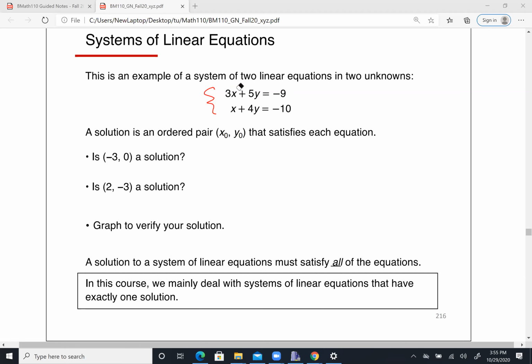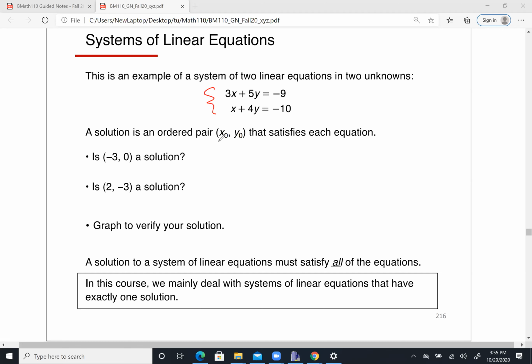A solution in this case has to be an ordered pair, x0 and y0, which satisfies each equation.